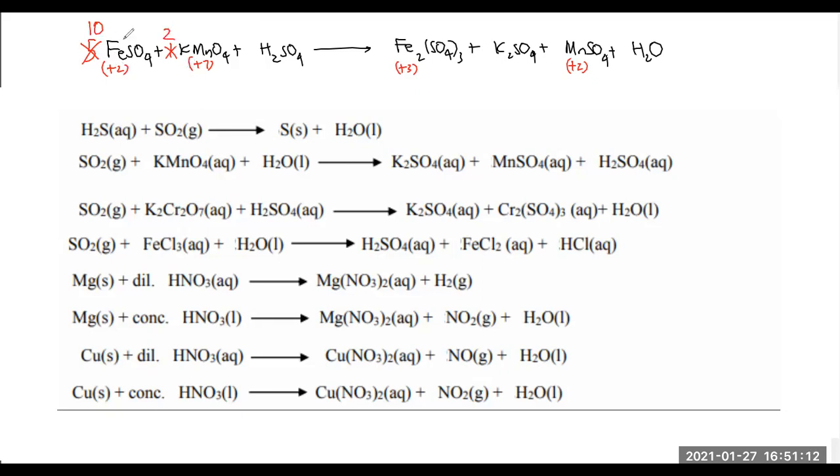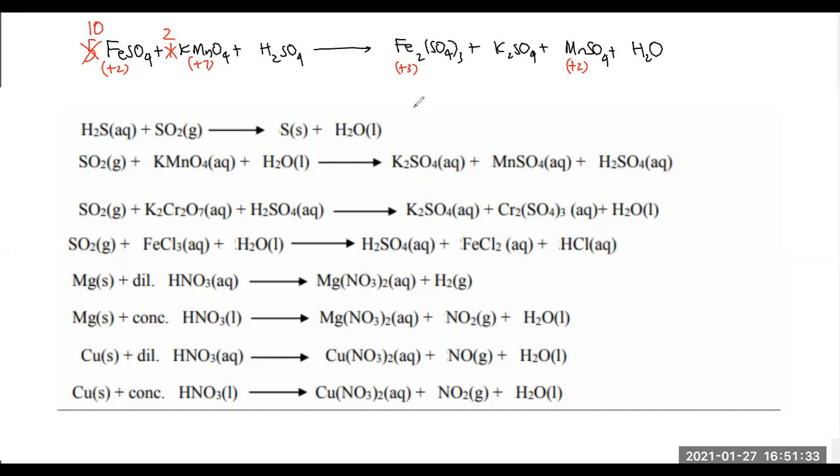But with this 5, you can't balance this Fe2. You can balance it, but you will have to put a fraction, which is something we don't normally do. If you put 5 by 2, it will be balanced, but for the other parts, it will be complicated. Therefore, we always prefer to go for integers. So 10 and 2 should be the stoichiometric coefficients, right?